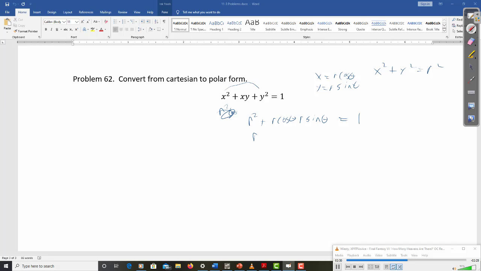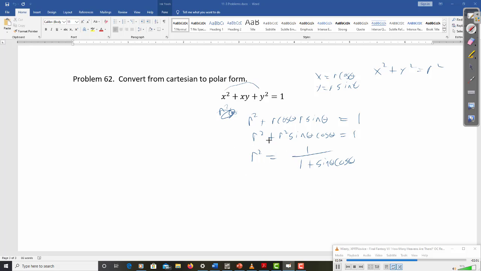So then just simplify: r squared plus r squared sine theta cosine theta equal 1. I think I'd probably go ahead and solve for r squared just for good measure. R squared is going to be 1 over 1 plus sine theta cosine theta. But it's kind of six of one, half a dozen of the other once you get to here.